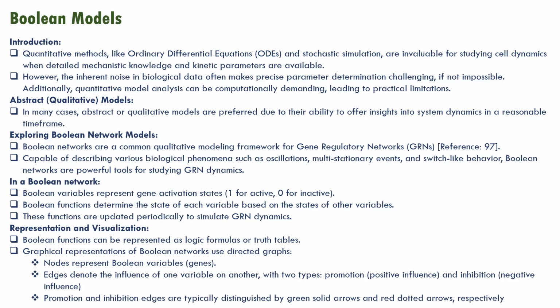For example, A is not activated when C is there, so A = NOT C. These relationships define how the dynamics of expression will be, and the Boolean value of one gene is dependent on the states of other variables as well. Here, A is dependent on the expression of C. These relationships are very well modeled in a Boolean network.